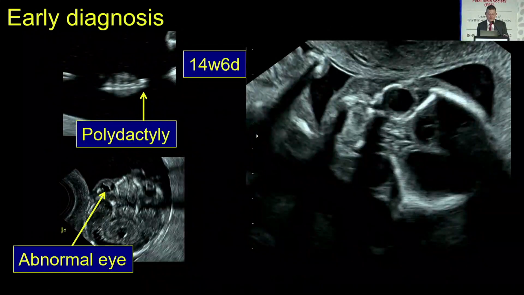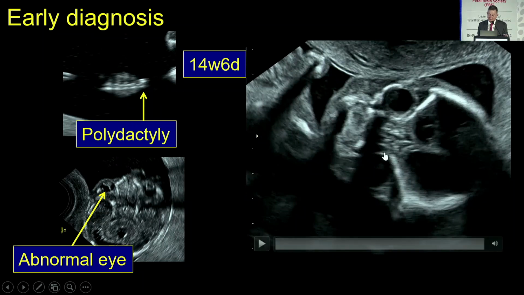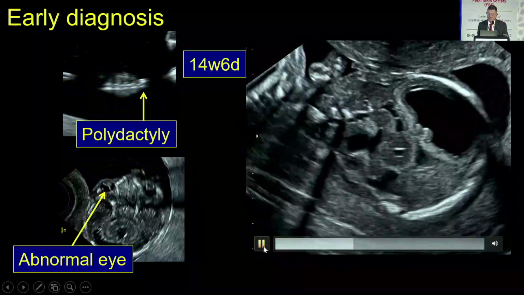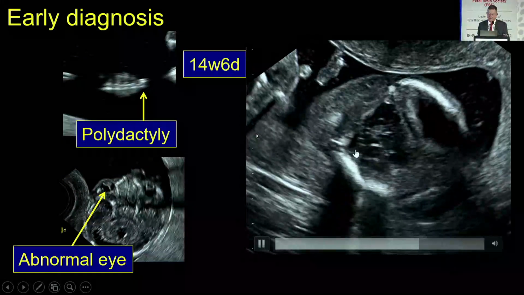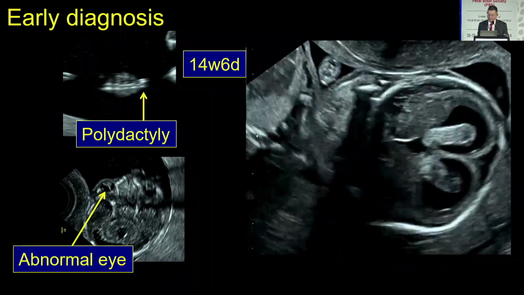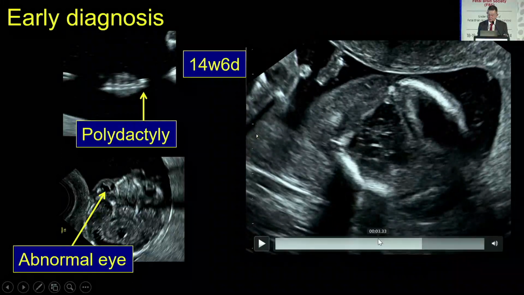Cobblestone complexes. This is a very early diagnosis at 14 weeks and 6 days. We start by seeing that there was polydactyly. The eyes appear abnormal. I hope it will work. The pattern of the cerebellum was abnormal, and during the video I will try to stop it in the right place.